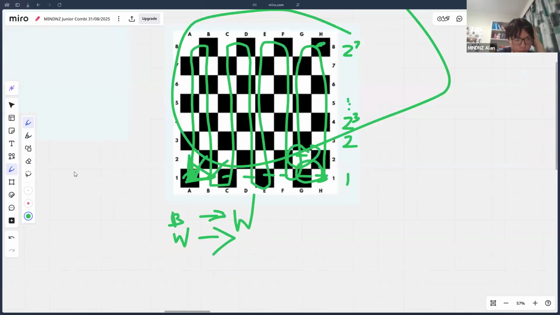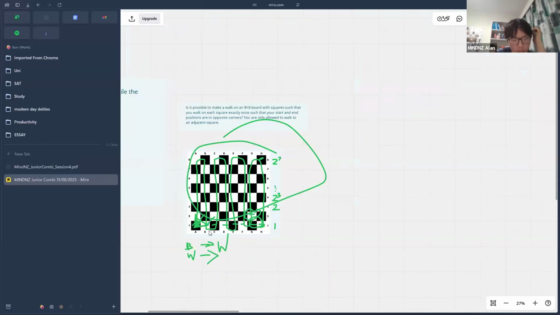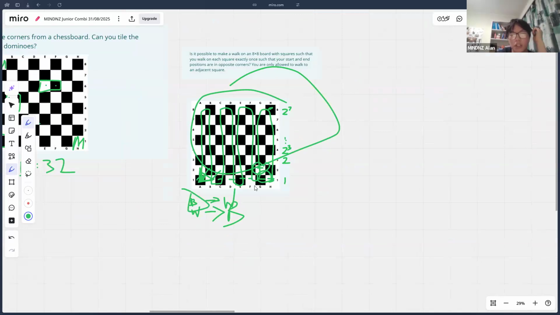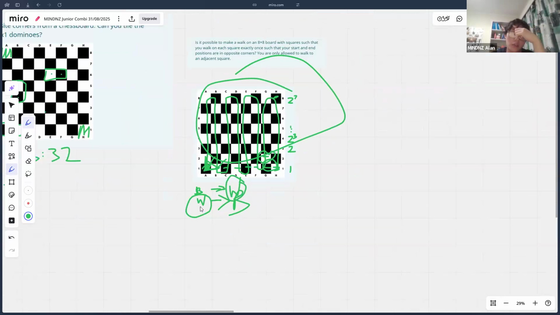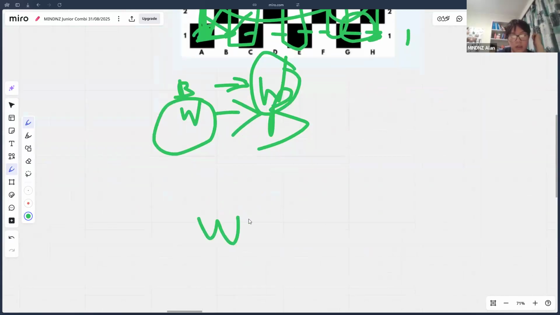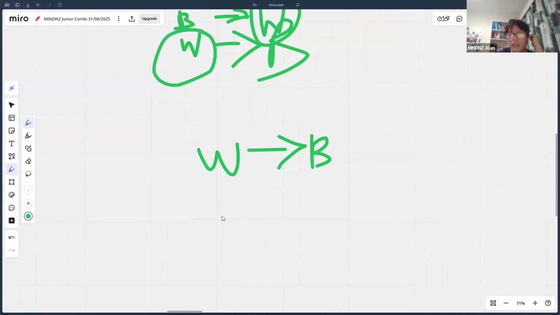And after how many moves? After 63 moves, we want to get from white, because H1, to white, which is A8. And then notice we can only achieve this by having an even number of moves, right? We start off at white, and then we must go to black, and then we must go back to white.